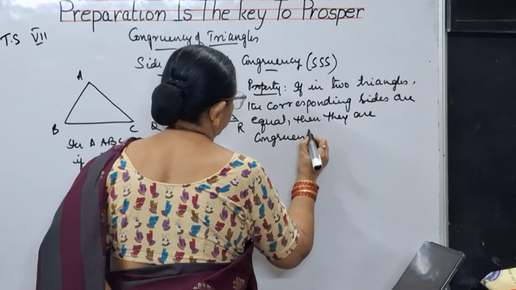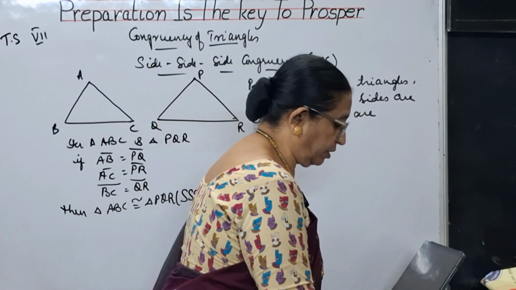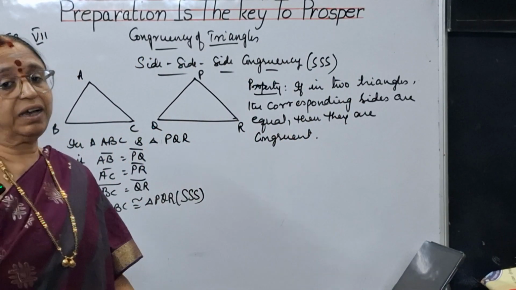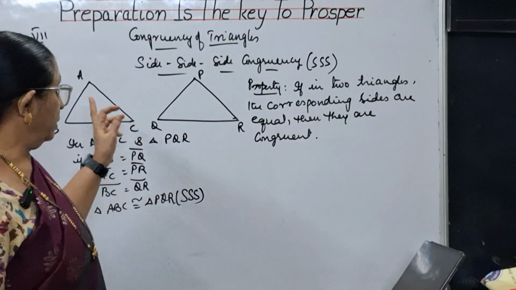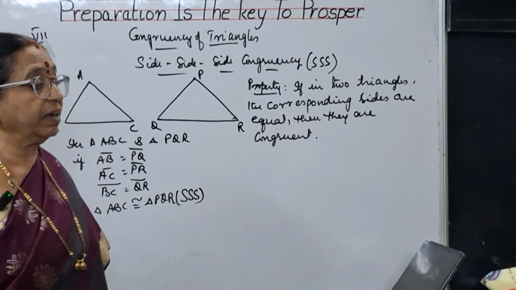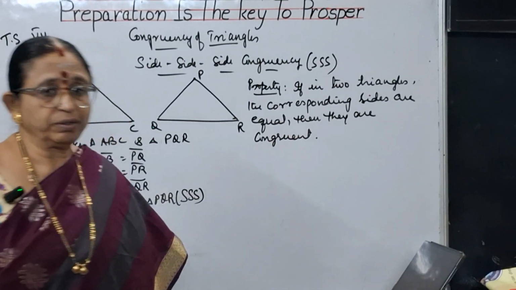This is what you will say. This is the property, side property, children. As the name indicates, side property. In two triangles, if the corresponding sides are equal, then the two triangles are congruent. Please note it down.